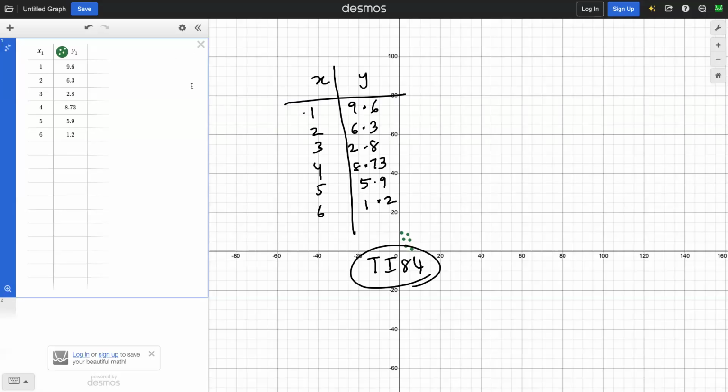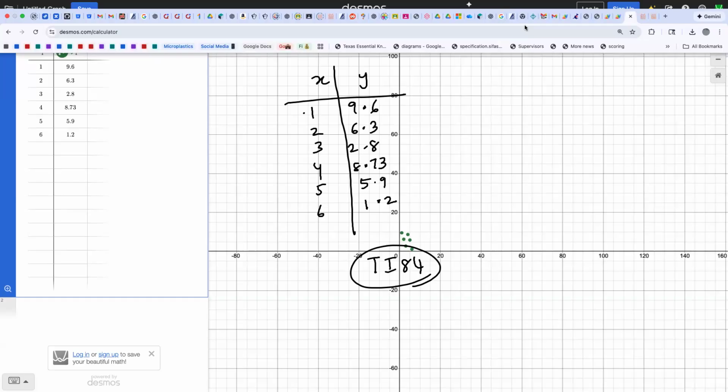Ashwath, did you get it? Adyan, what calculator are you using? Desmos. You should practice only in TI-84.